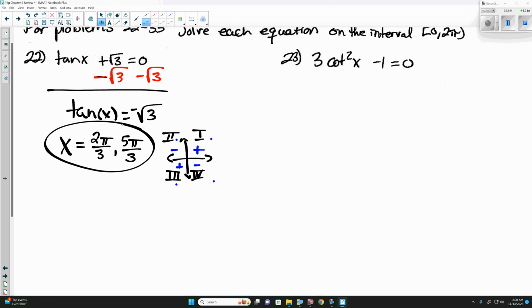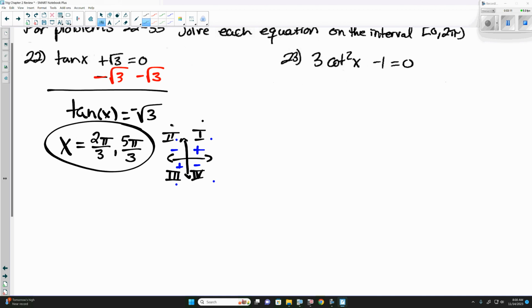2 and 5, or 2 and 4, yes. So what we're looking at is, according to the unit circle, sine, cosine, tangent are all positive in the first. Second quadrant, sine is positive, cosine is negative.